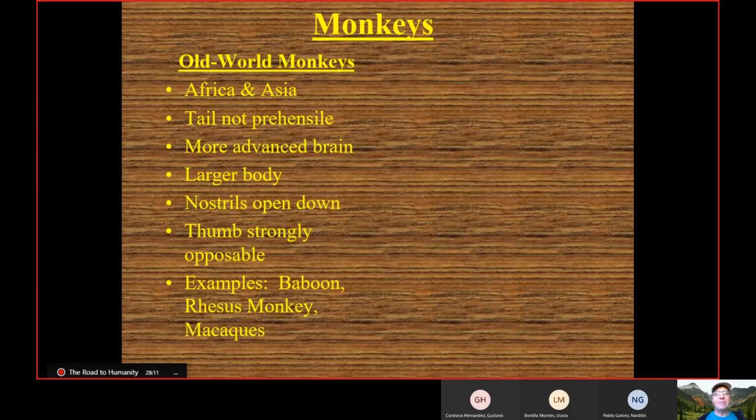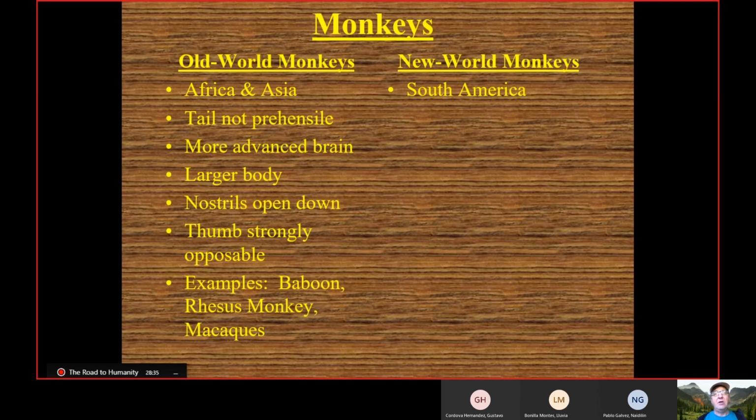On the other hand, after Africa split apart from South America, those monkeys evolved in a different direction. So just like Madagascar split off from Africa and took some lemurs with it, but on Africa they evolved in one way and Madagascar they evolved in a different way.